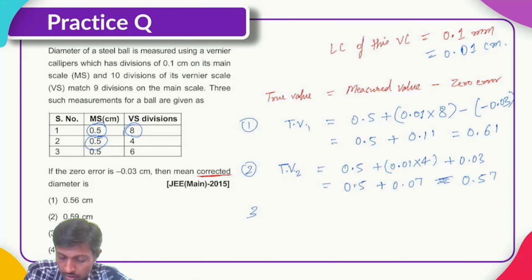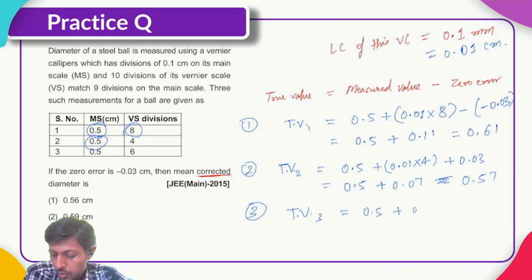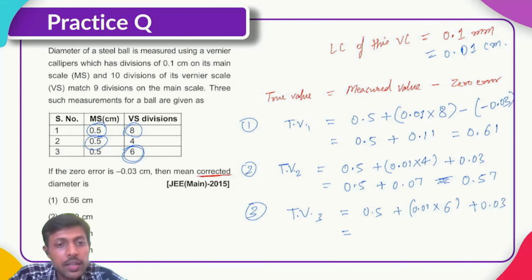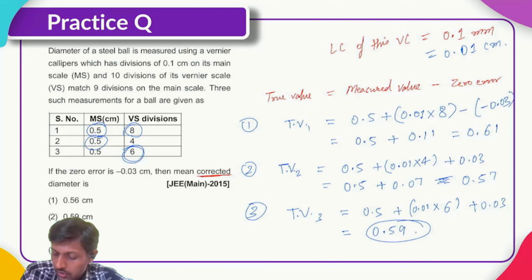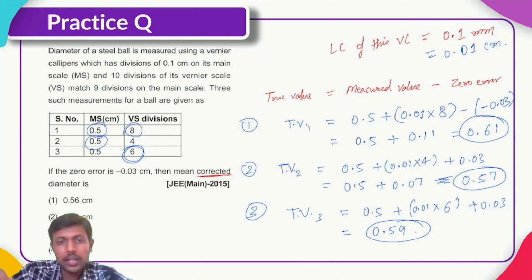And the third reading, the true value 3, would be 0.5 plus 0.01 multiplied by 6 here plus 0.03. All these readings, remember, are in centimeters. This gives you 0.59.